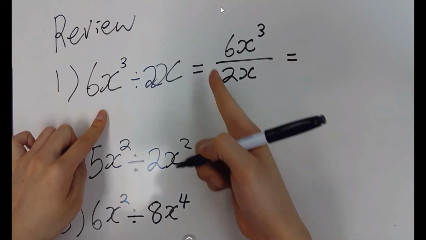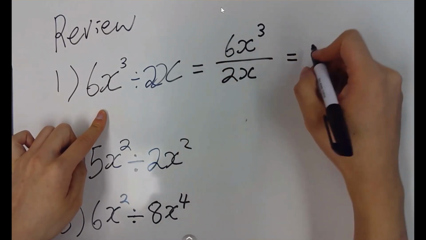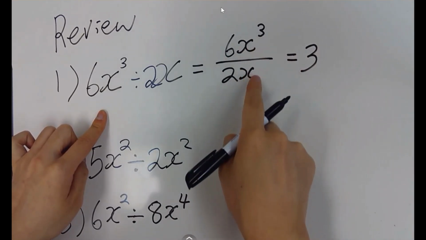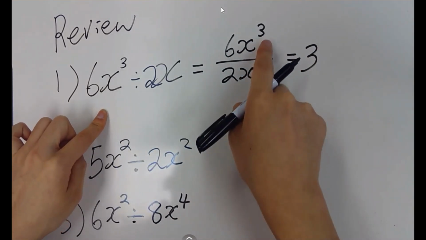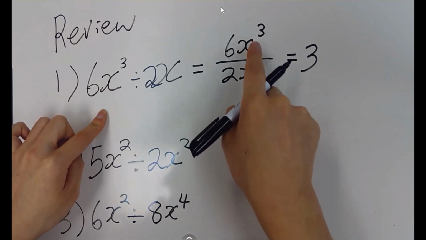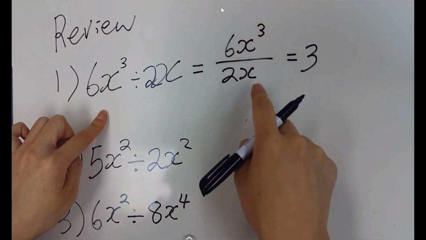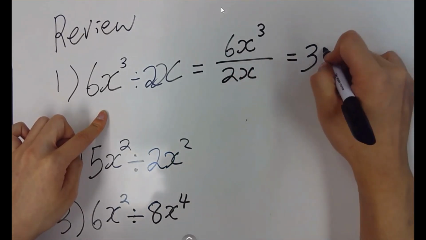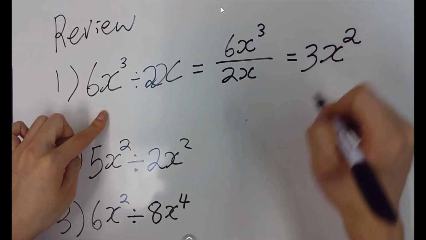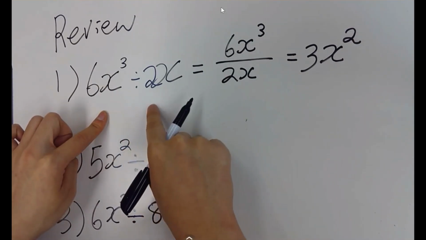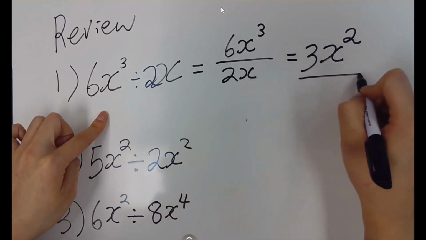And I know that 6 divided by 2 is simply just 3. And then x cubed divided by x. When we're dividing, we have to subtract the exponents. There's 3 x's here, and there's only 1 x here, so there is going to be 2 x's. So the final answer to 6x cubed divided by 2x is 3x squared.